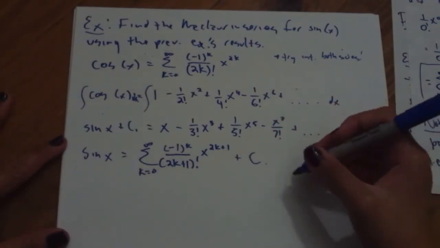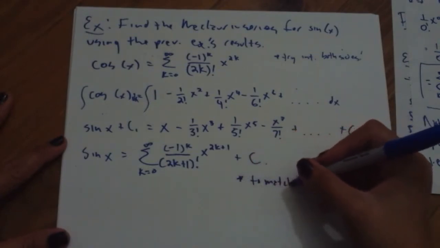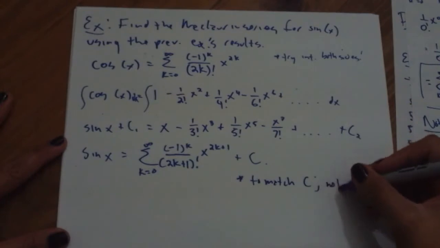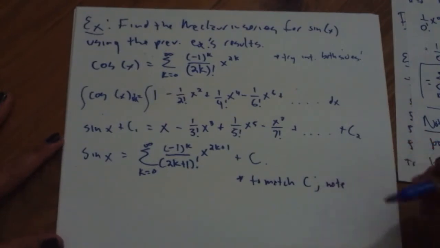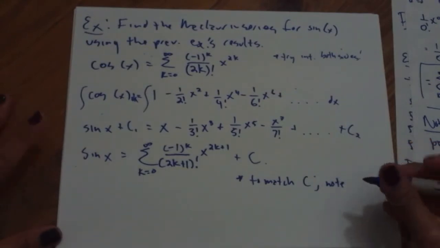Okay, and just a side note, to match up your C, we suggested fixing the C a couple classes ago by verifying what happens when you plug in a value.